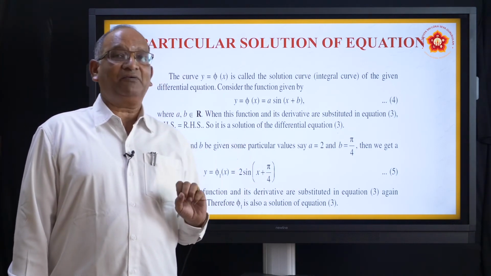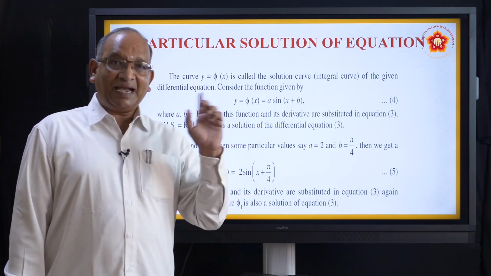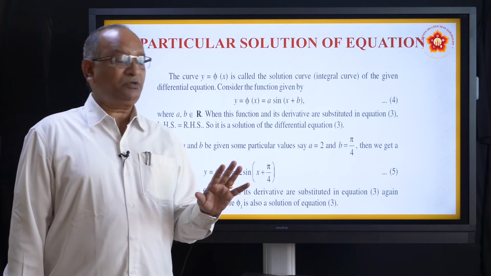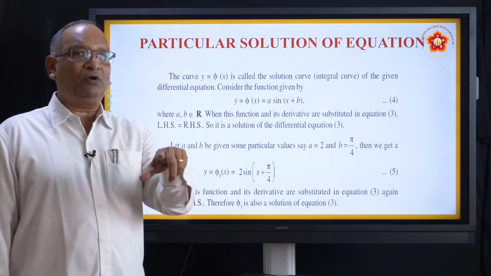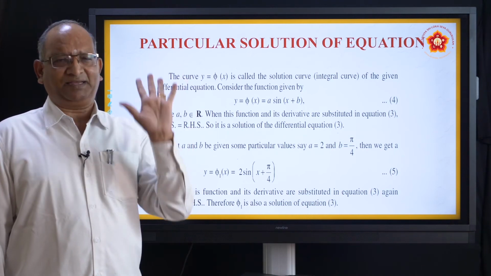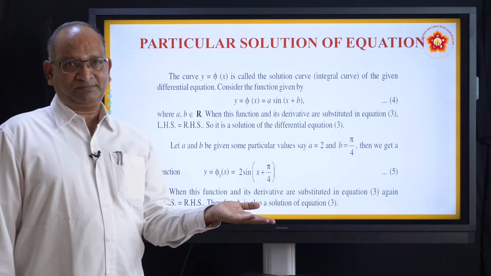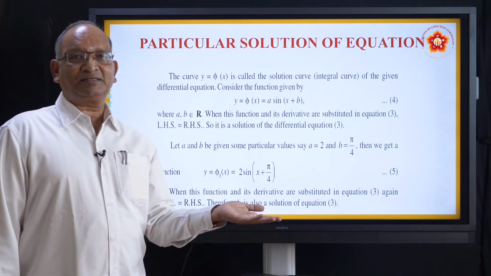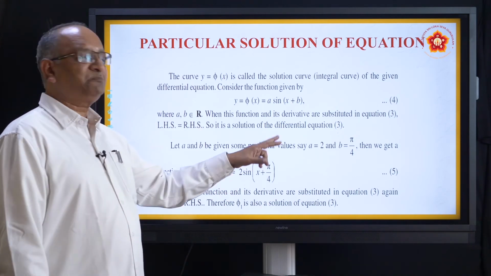But here, apart from x and y, we also have derivatives. So to substitute that derivative, we are taking y equal to a function. So if you know y equal to some function, let us say y equal to sin x, now you can tell what is dy by dx, cos x. What is d2y by dx square, minus sin x. Substitute all those values in the equation as per the requirement.